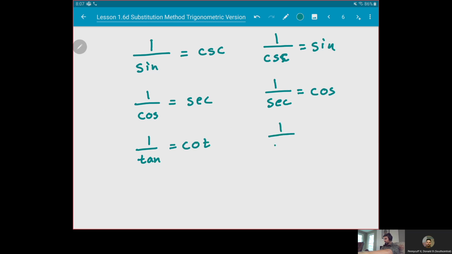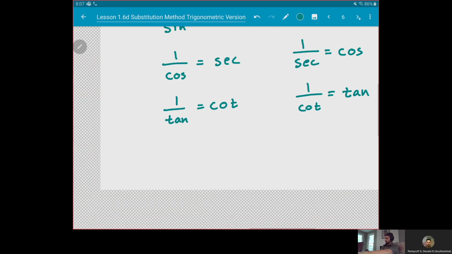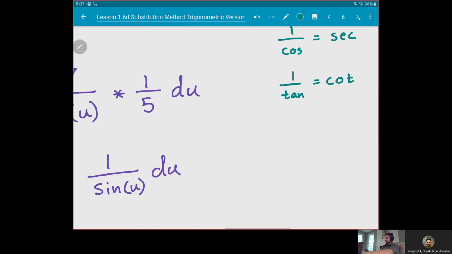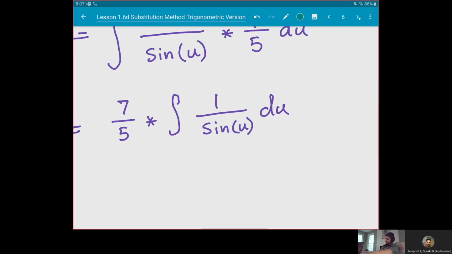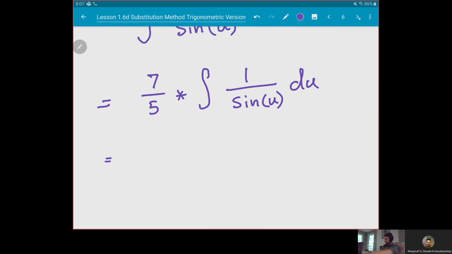And 1 over cotangent is equal to tangent. So when you're dealing with trig functions, there is no reason to ever have a fraction, ever. You can always convert that over. So this right here is going to be 7/5 times the integral of cosecant of u du.